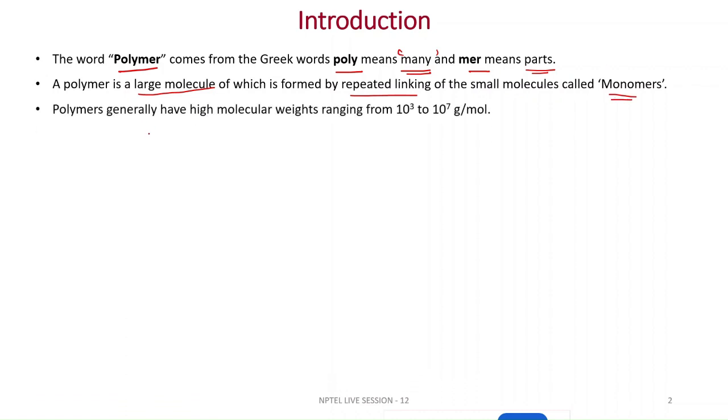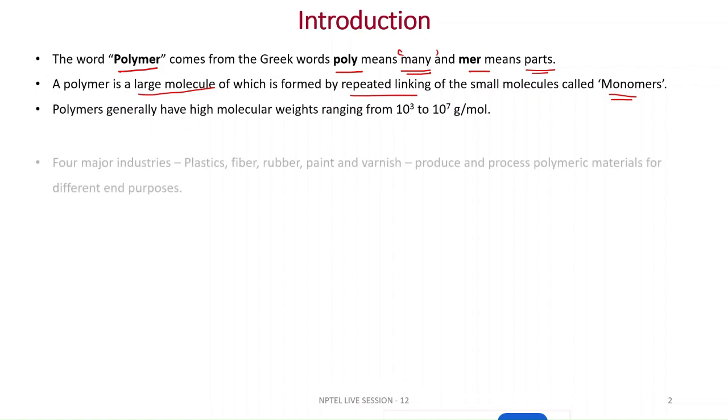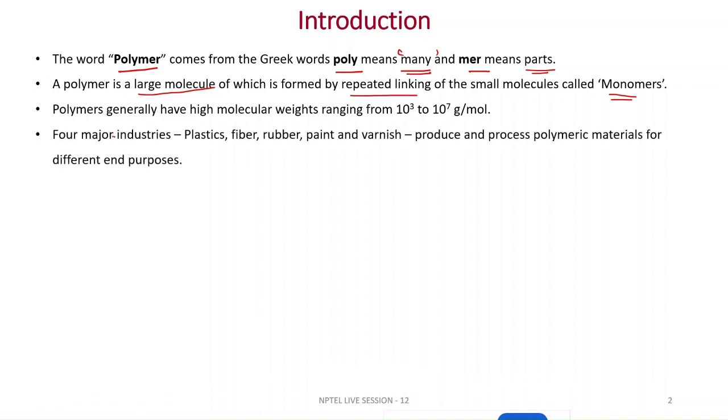Polymers generally have very high molecular weight, ranging from 1000 to 10 to the power 7 grams per mole. These are high molecular weight compounds. There are four major industries: plastic, fibers, rubber, paint and varnish, which produce and process polymeric material for different end uses.